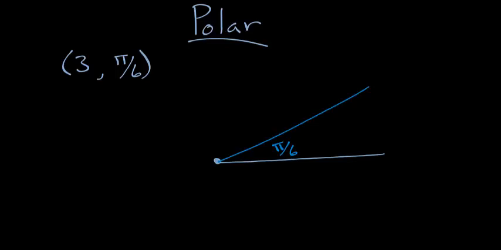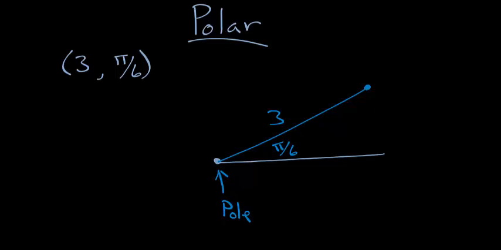And then this 3 here is the length. So we identify this point right here as we get to it this way. We rotate pi over 6 radians, and then from this point right here, which is called the pole, we go out 3 units. And that's how we identify that point.